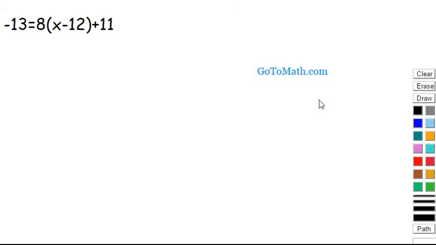Okay, so let me just go ahead and rewrite this thing out. We got negative 13 is equal to 8 x minus 12 plus 11.